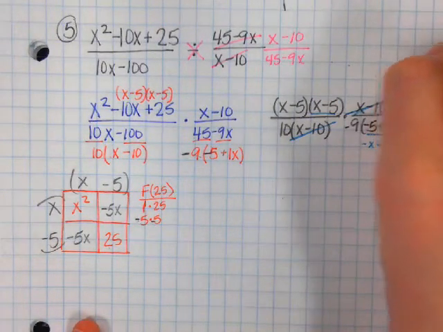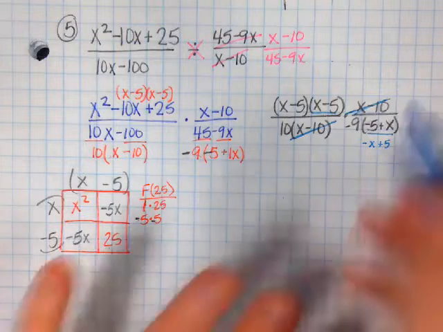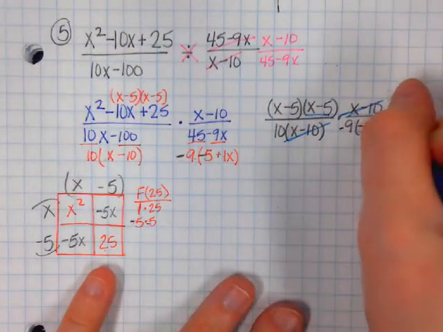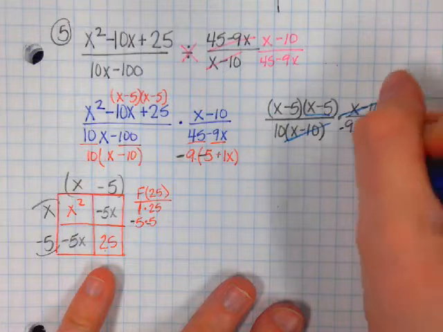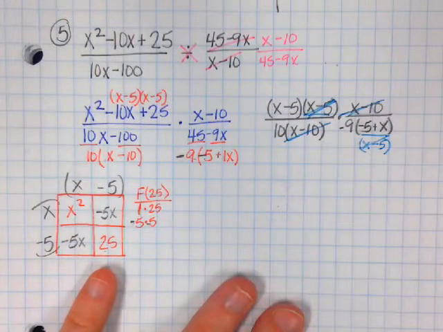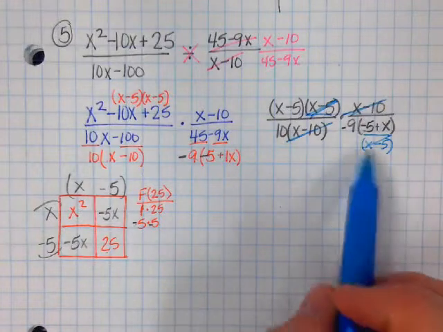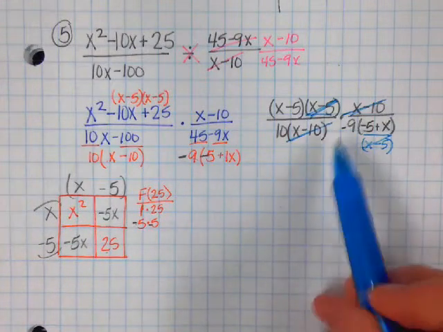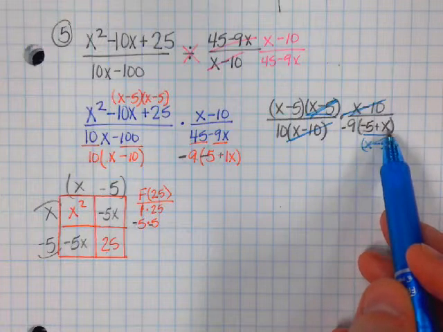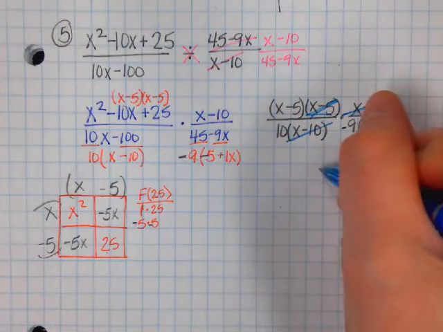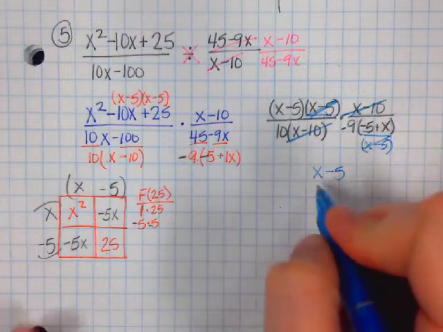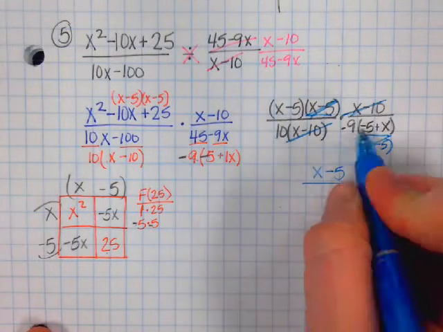So I'm going to actually write this as negative 5 plus x. And then when we rewrite that so that the x is first, it'd be x minus 5. And then that and that would cancel. So if you get them and they're really close like that, you can make this a negative and change all of the signs, and it would still cancel.